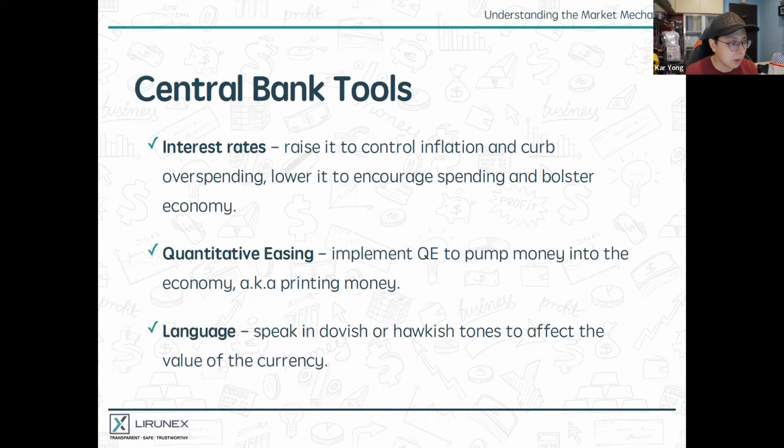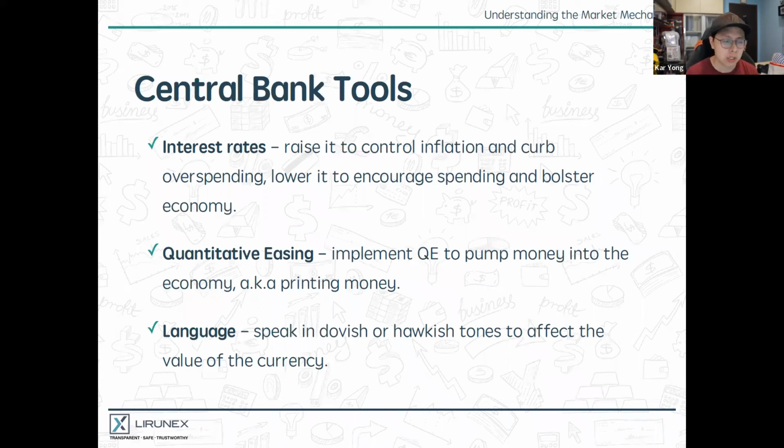Okay, the last one here that not many people actually know about or even factor in is what I call language. Language here essentially is when a central bank chairman or president comes to the public and announces a certain policy or certain action that they're going to take.